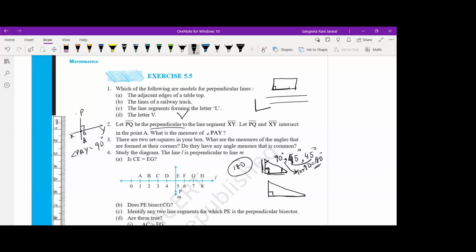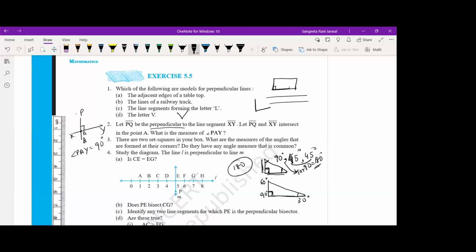So one set square has measures 90, 45, 45 degrees. Another set square has this 90 degrees, then this one is 30 degrees, then this is 60 degrees, right? You can check with your protractor also. So the measures of the set squares are 90, 30, 60 and 90, 45, 45.